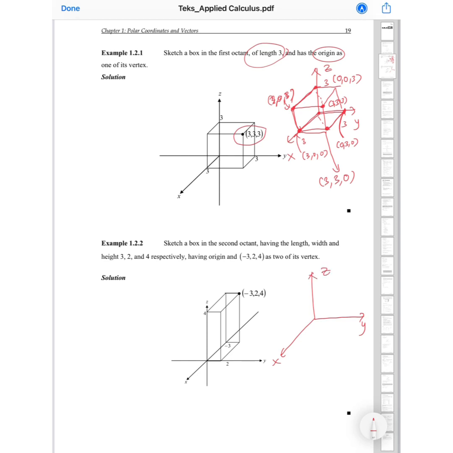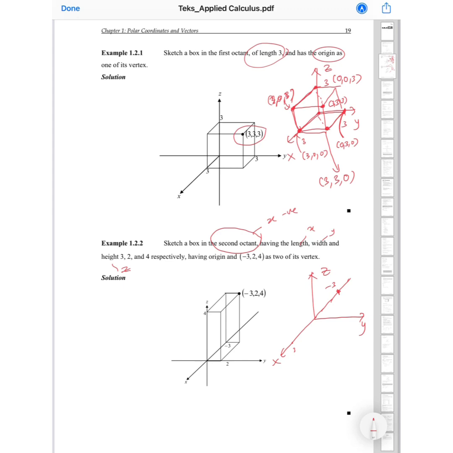Let's say, we draw our three-dimensional coordinate system first. Let's say the length is x, the width is y, and the height is z. So the length will be 3, and it's already set here that it is in the second octant. In the second octant, x is negative, so instead of plotting 3 here, you should plot negative 3 here.